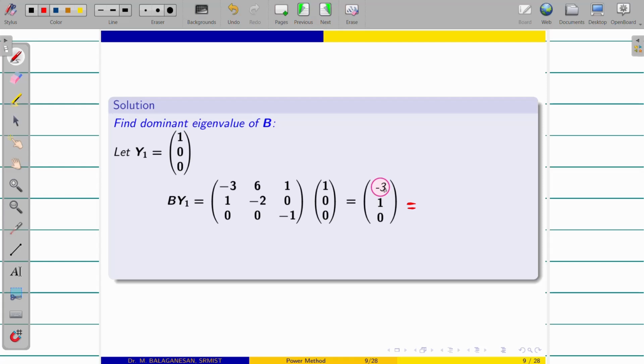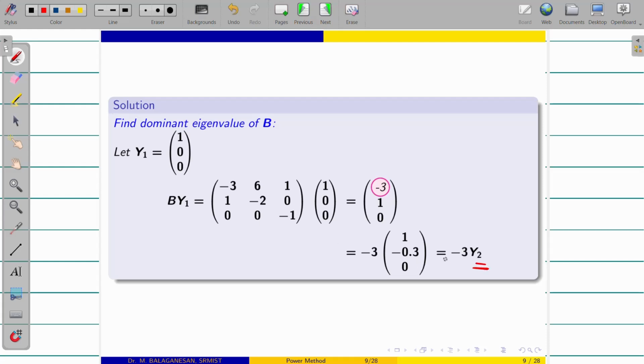Numerically only, so we don't have to bother about sign. So it is 3, minus is there. So take that element as common. Minus 3 into 1, 1 by minus 3 is minus 0.3. In that way, we have to do that. So taking minus 3 common, we get 1, minus 0.3, 0. So this is B y1, and this is the new vector y2.